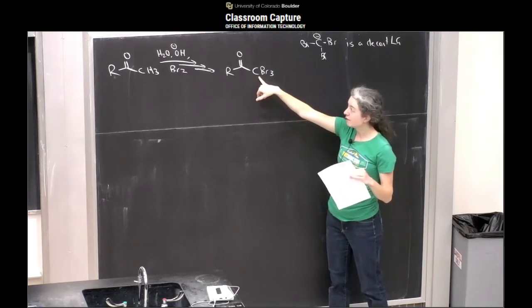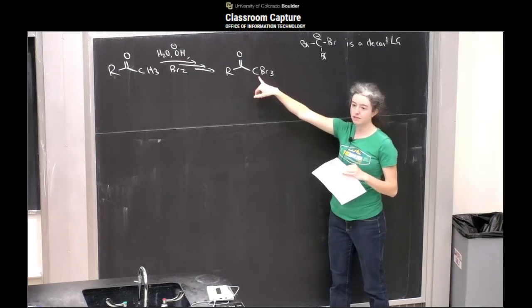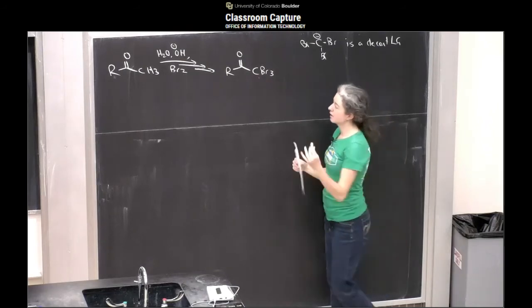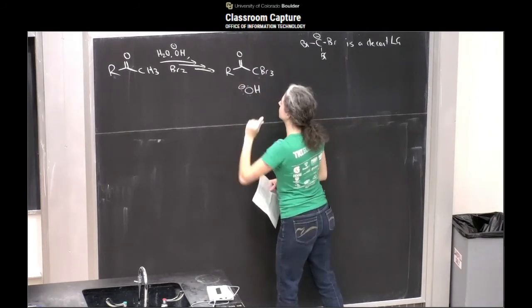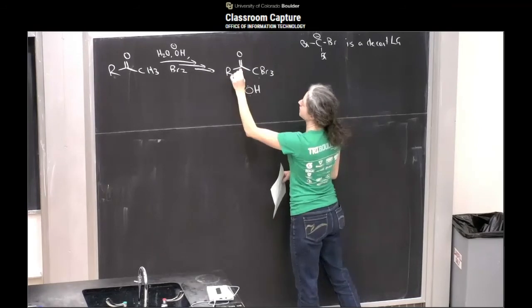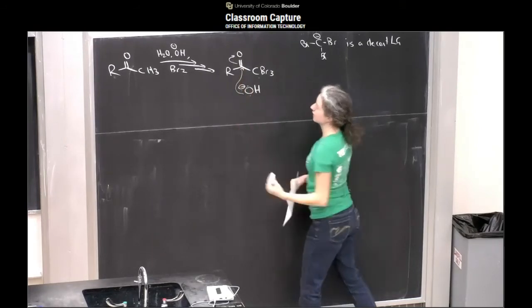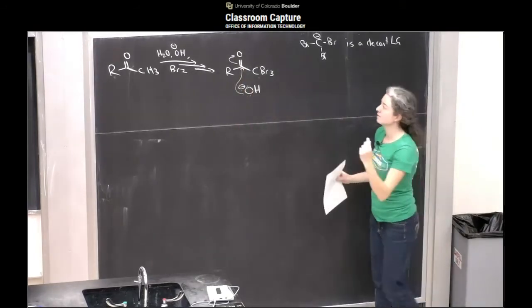So from here, what's actually going to happen is something that looks kind of like hydrolysis of an acid derivative, where I know we said we were mostly done with this stuff from the last few chapters, but at this point you're going to do more like an acyl substitution.